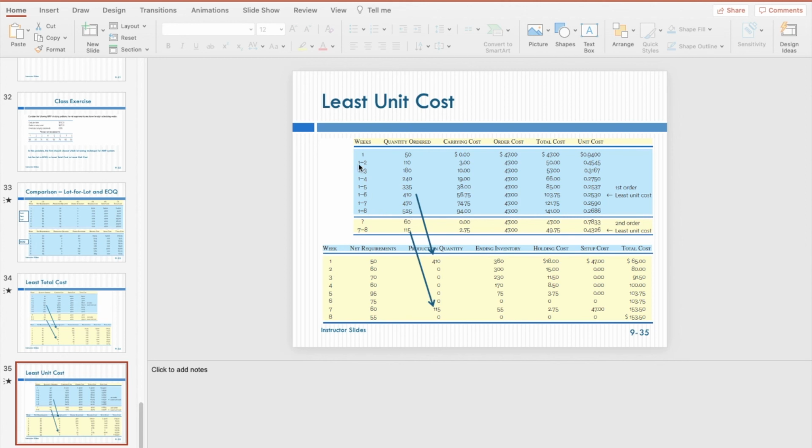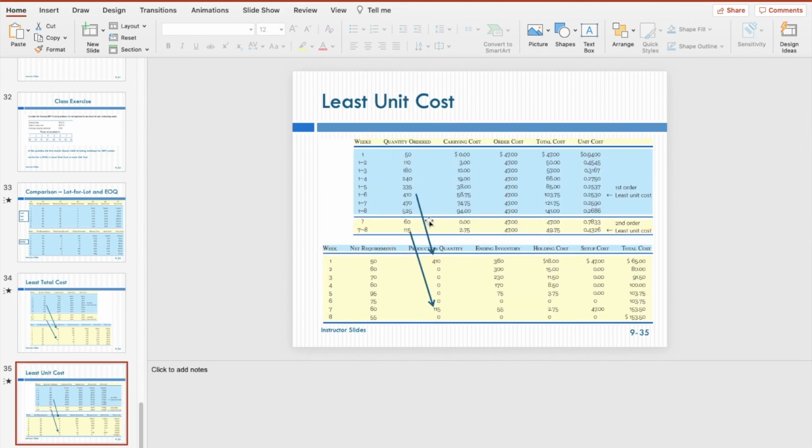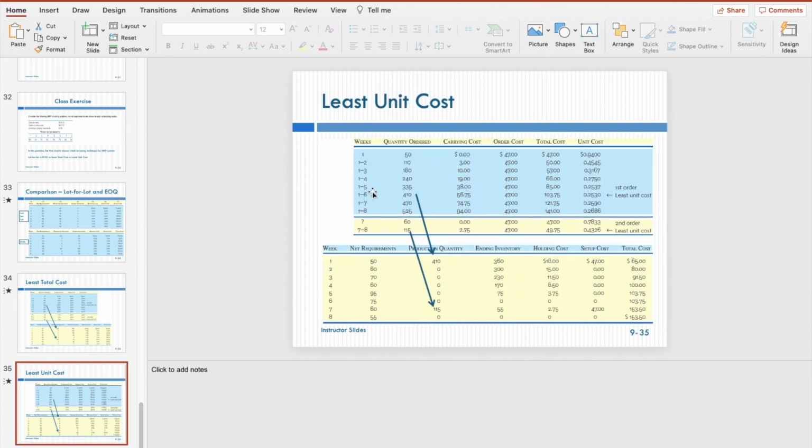This is exactly the same as we just mentioned: still the carrying cost column and also the ordering cost column. The first 4 columns are exactly the same as we just mentioned under the least total cost, so I will not repeat the calculation procedure.